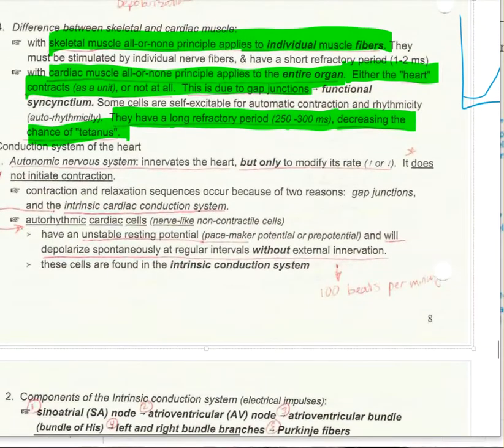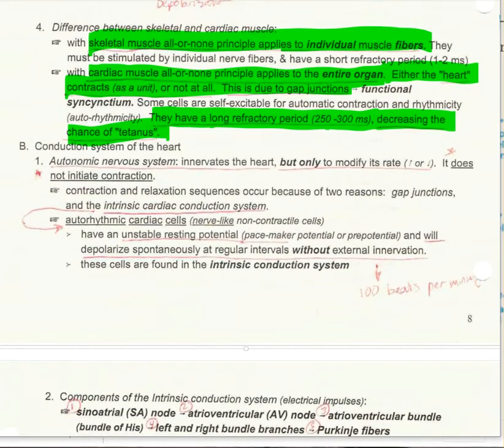Now, how do we get the electrochemical signals that we need to send throughout the heart so the heart will beat kind of as one? Well, we need a conduction system. And the conduction system is the way in which we're going to send electrical signals through the heart. So the autonomic nervous system innervates the heart, but it only innervates it to modify the rate up or down.